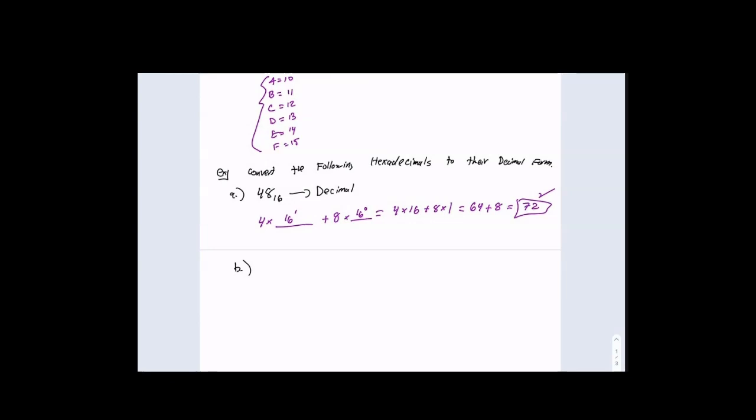I want 2 digits. Replace one of those numbers with a letter. I want a letter and a number, or a number and a letter. It has to have 2 digits overall. One of those digits has to be a letter. Thank you, Brian. Brian says 5C.